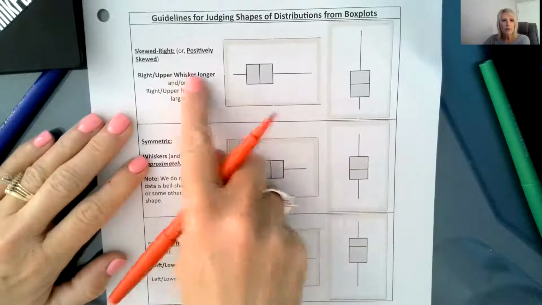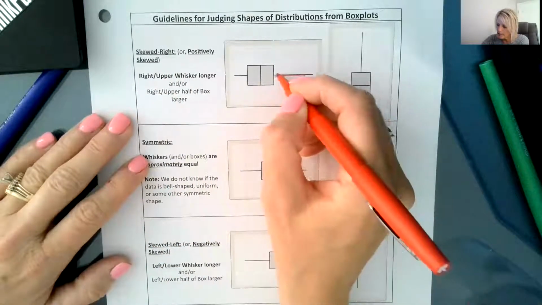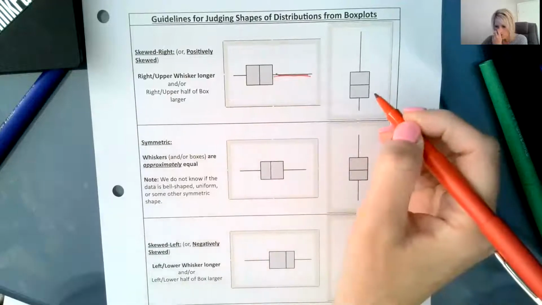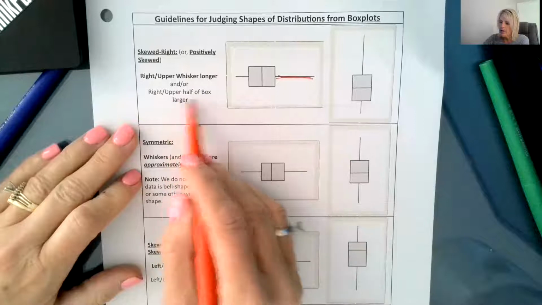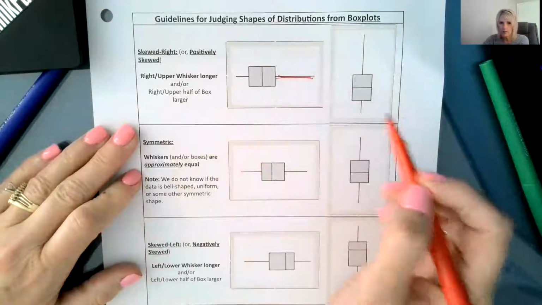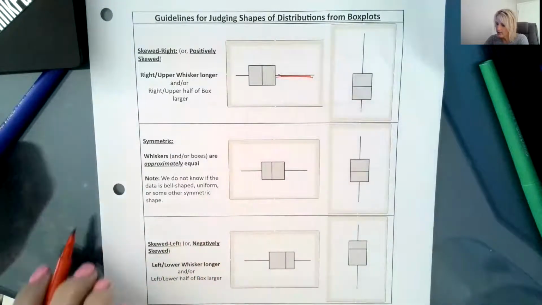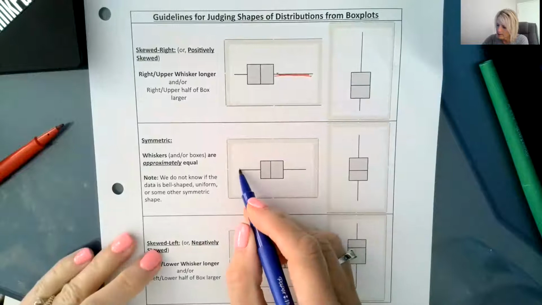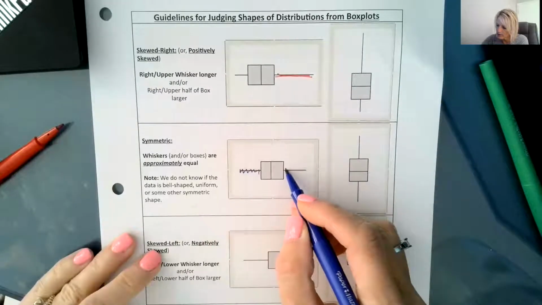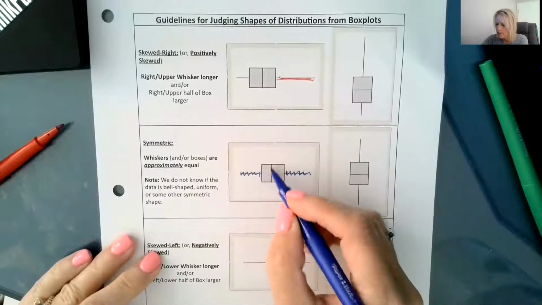If we have a skewed right data set, we're going to have a longer tail on the right, or the upper half of the box might be larger. If it's symmetric, then you'll notice that the whiskers, the tails, are about equal, and the median is about in the middle.